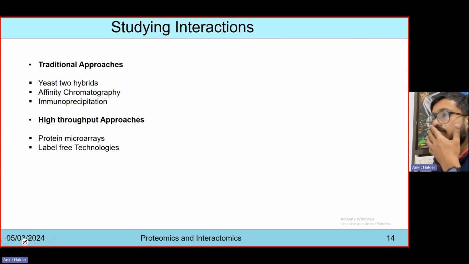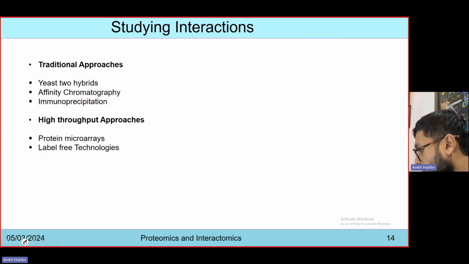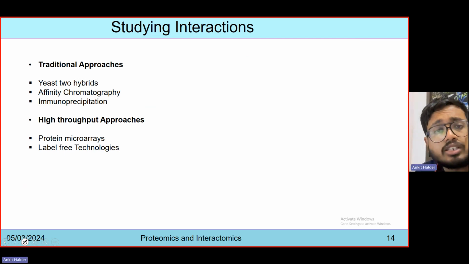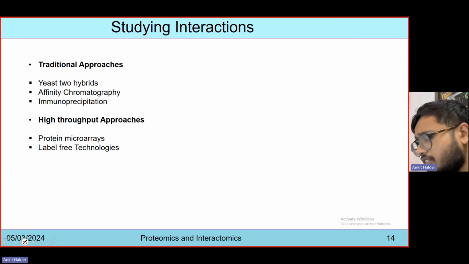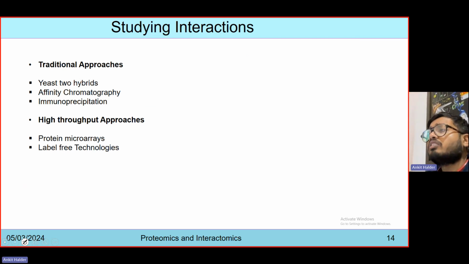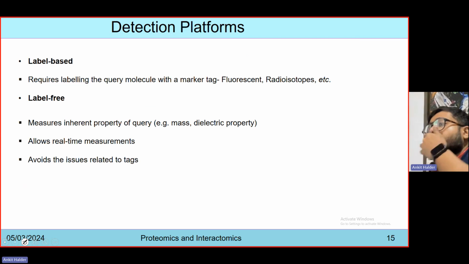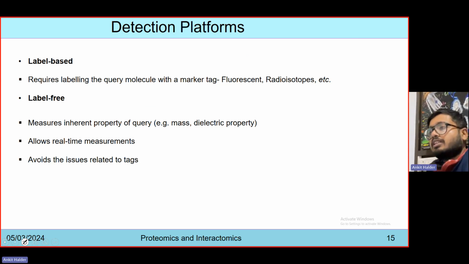Now moving ahead, we also talked to some extent in the first lecture about yeast two-hybrid, phage display systems, affinity chromatography, immunoprecipitation, etc. Those are some of the traditional approaches used for studying interactions, and the high throughput approaches are the protein microarrays and the label-free technologies. So, what are the different detection platforms that are used?